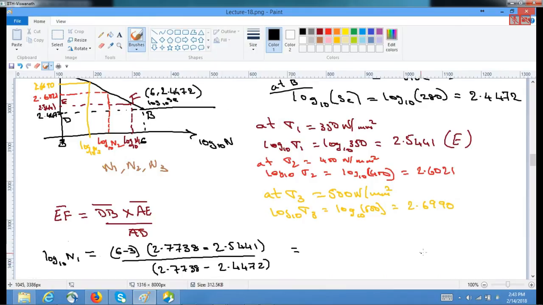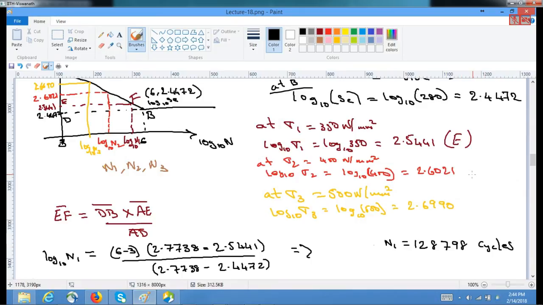So on simplification, we can show that log 10 N1 is equal to this, and after simplification N1 is 128,798 cycles.